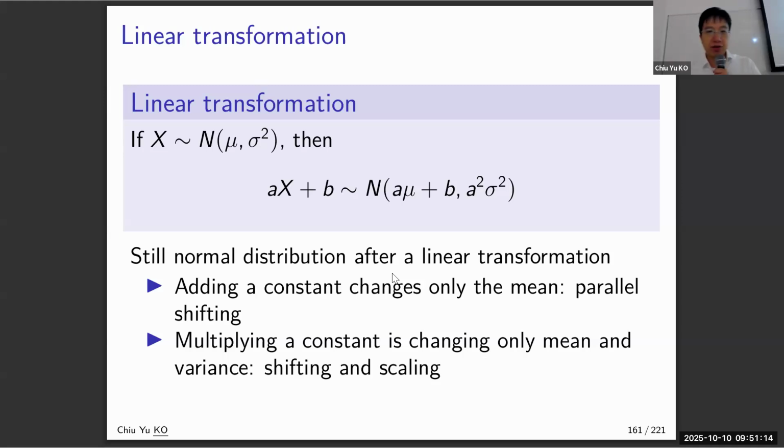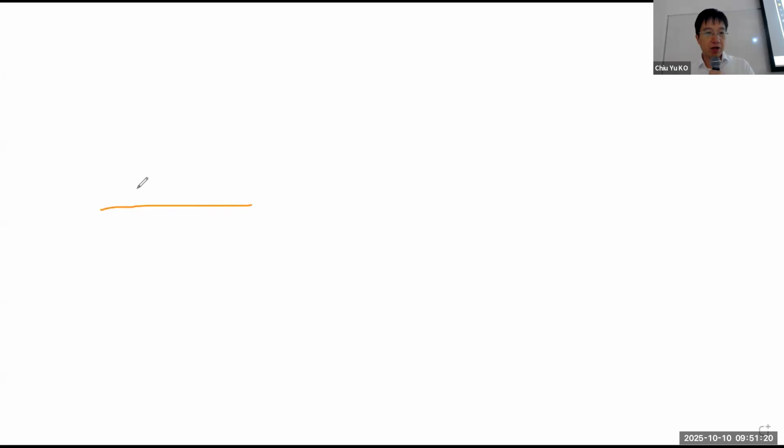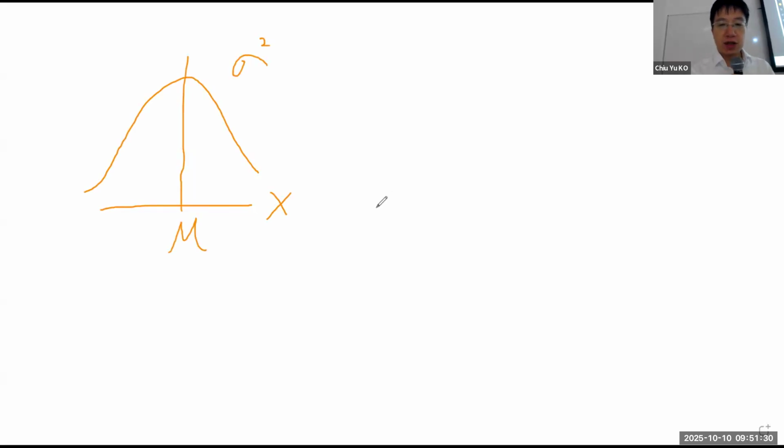So just to remind you what I am saying, graphically, like this, right? You have a bell curve, X, with mu and sigma square. And instead you consider another one, which is AX plus B, right? Suppose A is 2, and you have a number there.